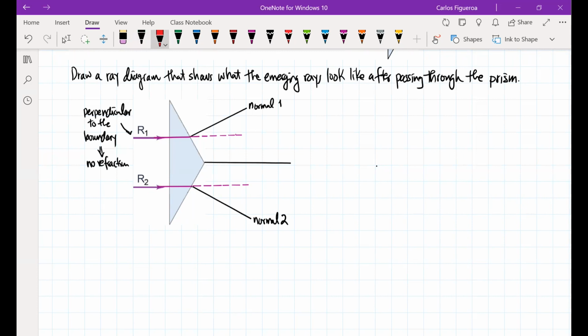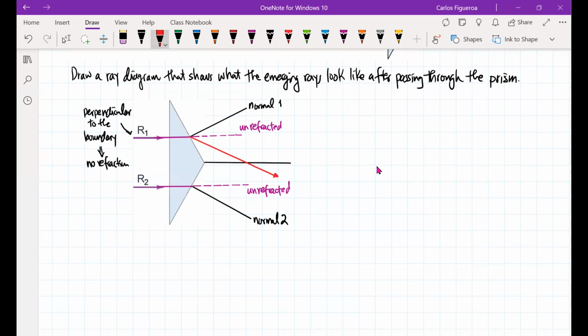The emerging ray, we already agree that this is the unrefracted ray, and this one's also unrefracted. And now the rays are going to cross. Let's say they cross right here.